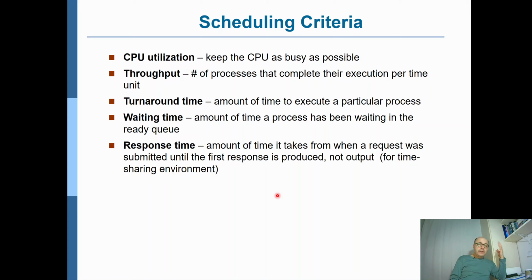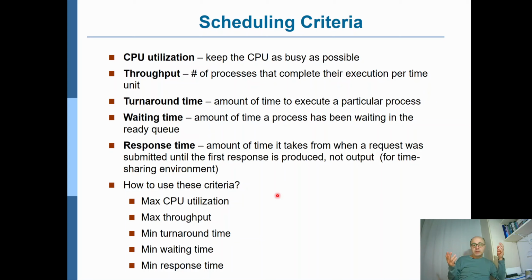Now, if you look at all these criteria, how do we use these criteria when designing an operating system? Do we want to maximize them or minimize them? How do we do that? Well, you should try to maximize CPU utilization because you would like to keep the CPU as busy as possible. You should also try to maximize the throughput so that you get more processes completed in a given time.